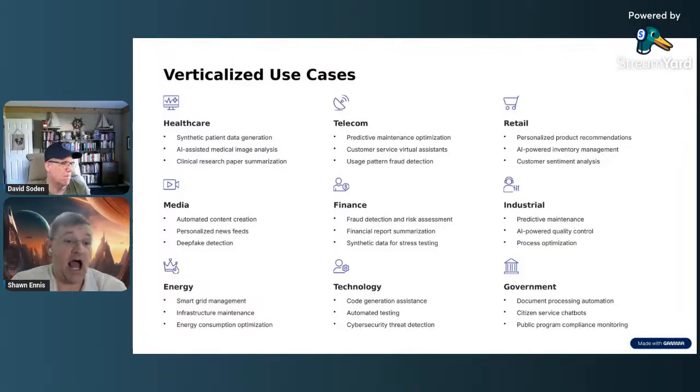Yeah, I'd love to talk about the media use case, the automated content creation, because this is a really good example of something incredibly applicable across all verticals. However, in media, there are a lot more compliance requirements.